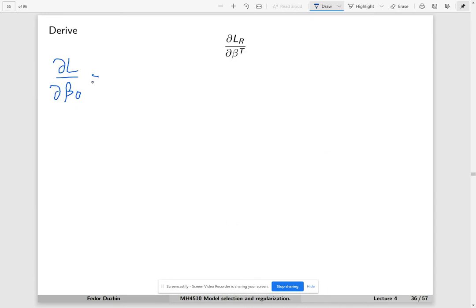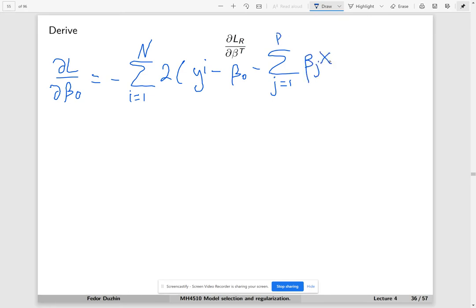So it is going to be minus the sum from 1 to n of 2 times y_i minus beta 0 minus the sum over j from 1 to p of beta j x_ij.